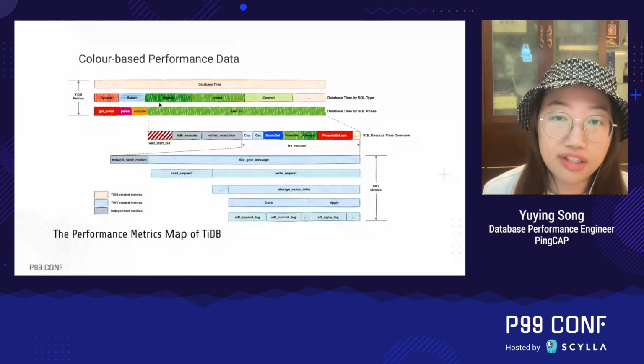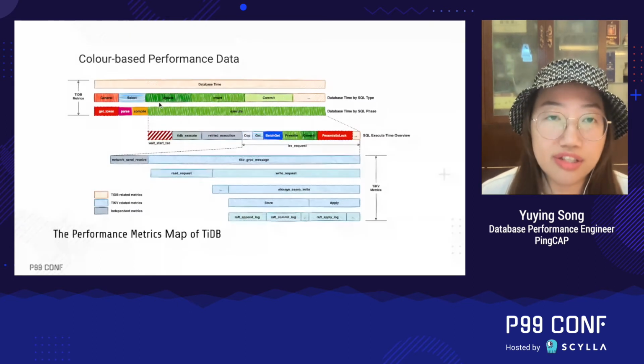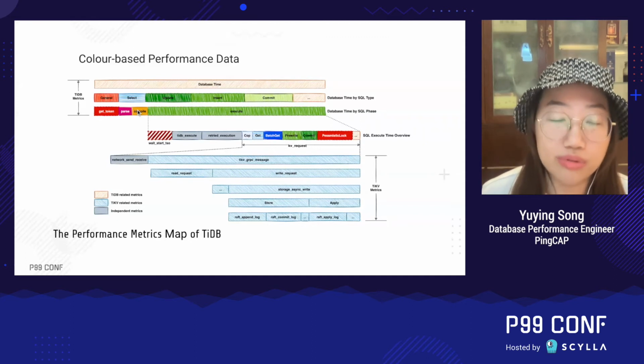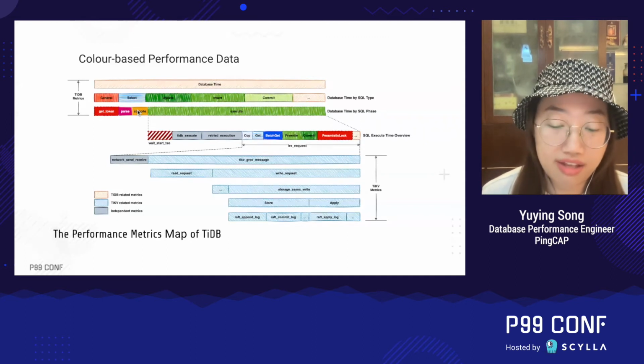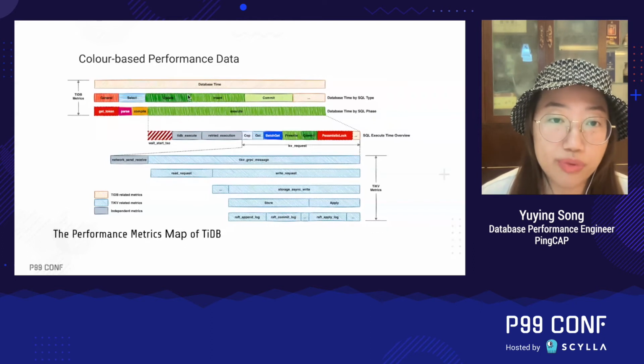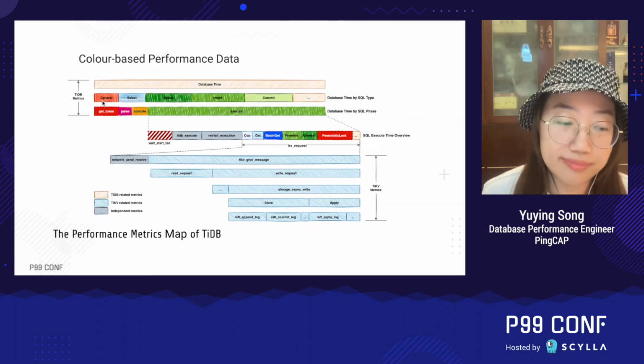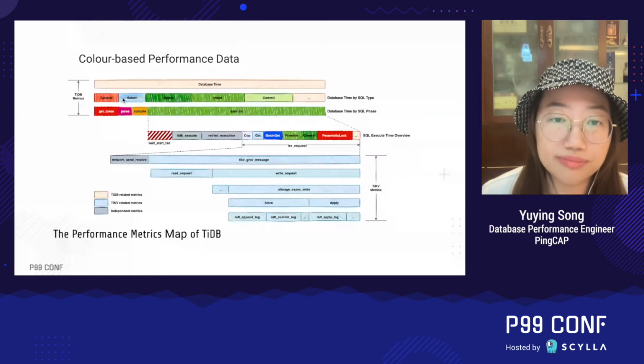And why do we use these colors? For write-related SQL, we mark it in green, and for SQLs related to read operations, we mark it in blue. And for others, we use other colors. For example, general. General SQL means SQLs that are not related to the customer's workload.